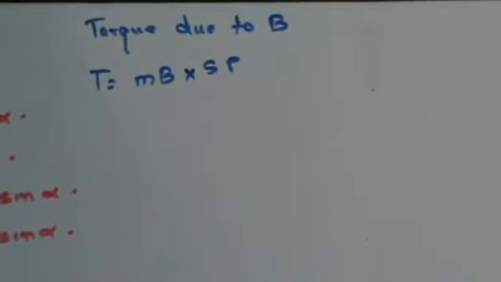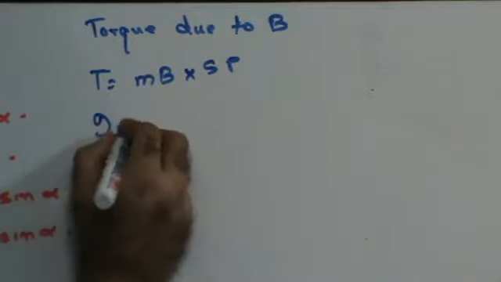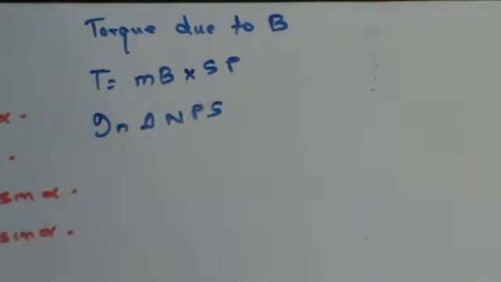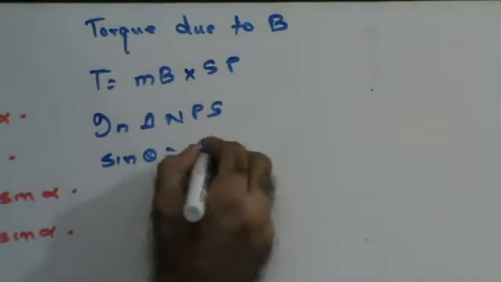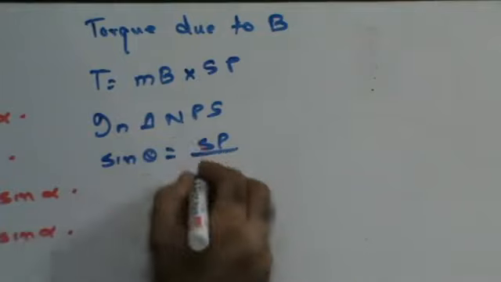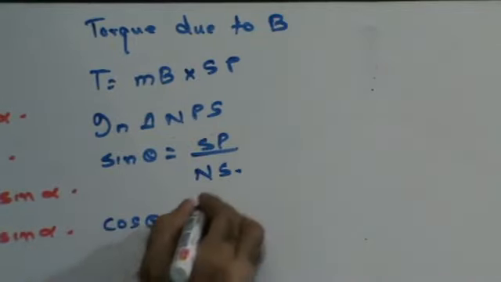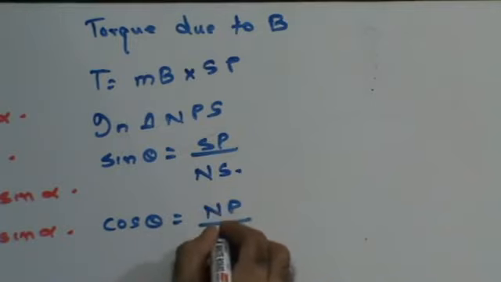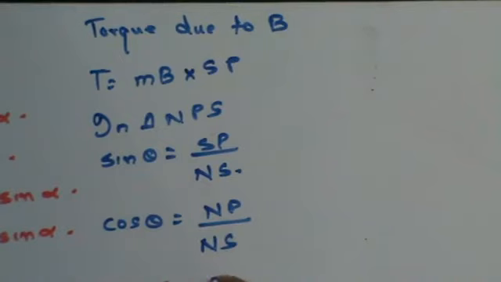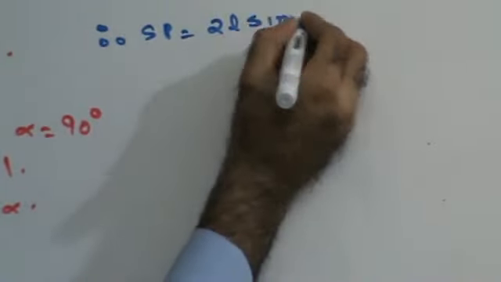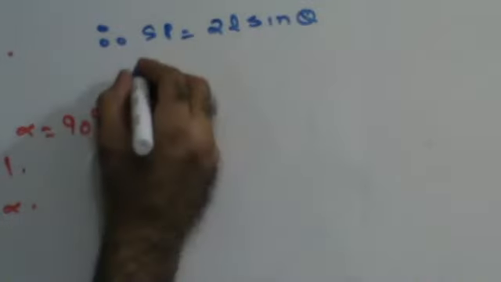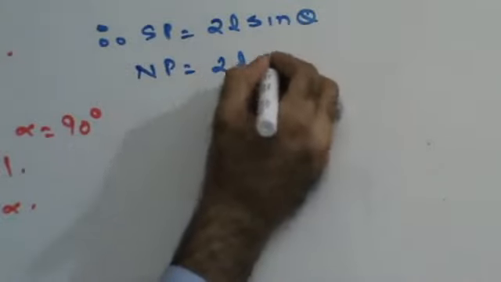So let's call this torque T. Now, in triangle NPS, sine theta is opposite upon hypotenuse, and cos theta is adjacent upon hypotenuse. Therefore, SP is equal to NS sine theta, and NS is 2L, so SP is 2L sine theta, and NP is 2L cos theta.